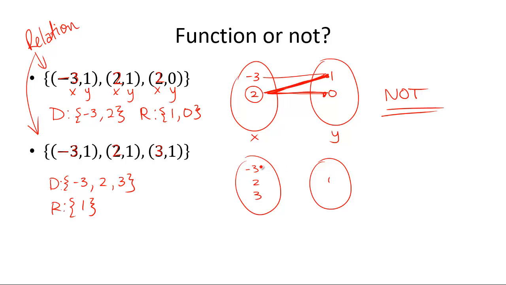So you can see that every single one of these goes to 1. But that's fine because each one has a single answer. And that's what makes it a function. So each one has one answer, not 2 answers, therefore it is a function.